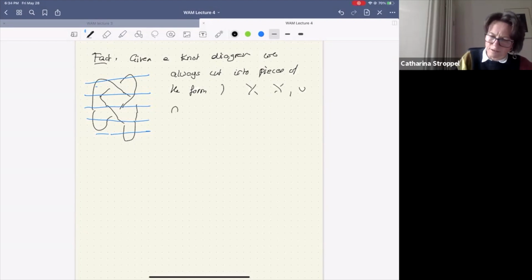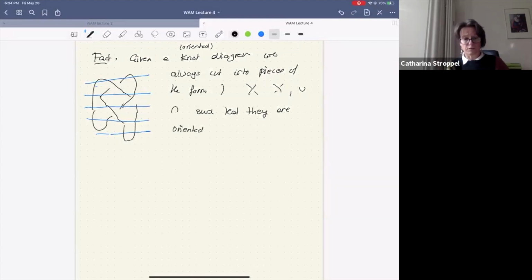And when you take it oriented, then of course they are oriented. So after you move it a little bit around, you can always find such slices. That means I can build up my knot diagram in terms of these diagrams.